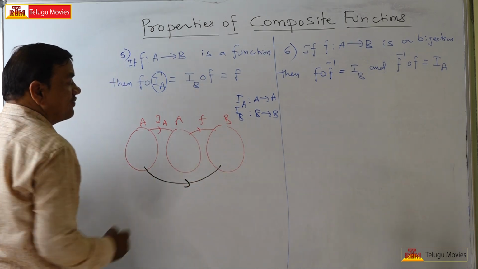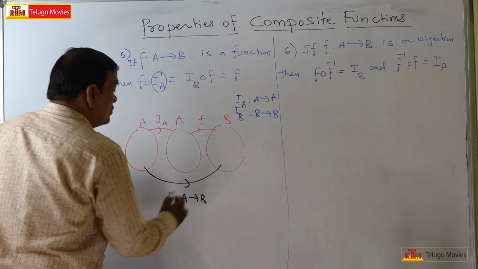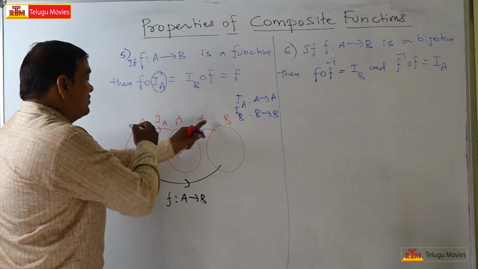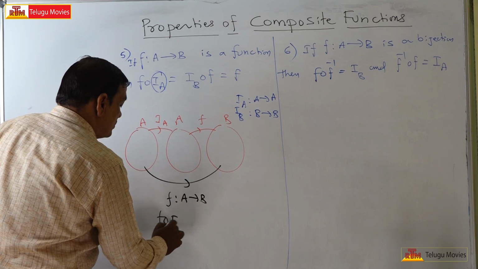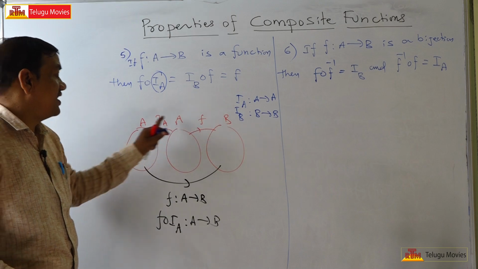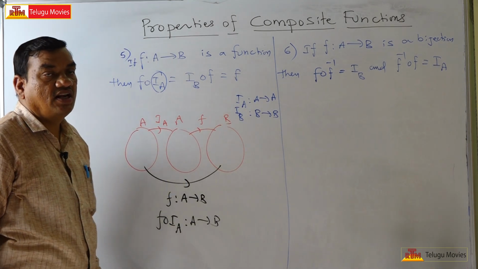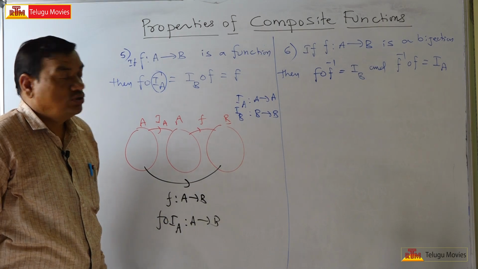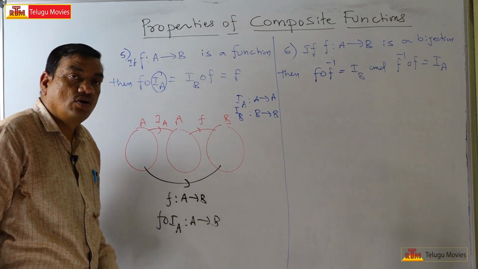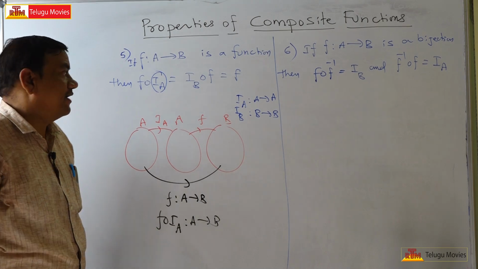So this is F from A to B. What is the name of this function? F circle IA is also from A to B, always reverse order. So both domains are equal and codomains are equal. Therefore F is equal to F circle IA.